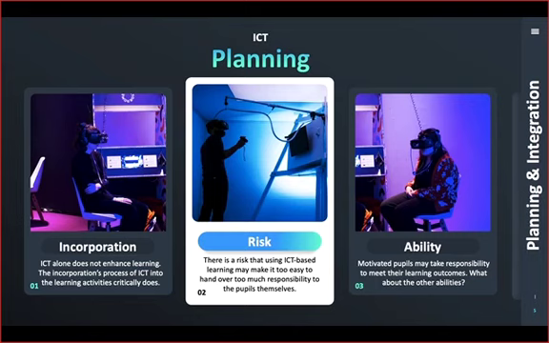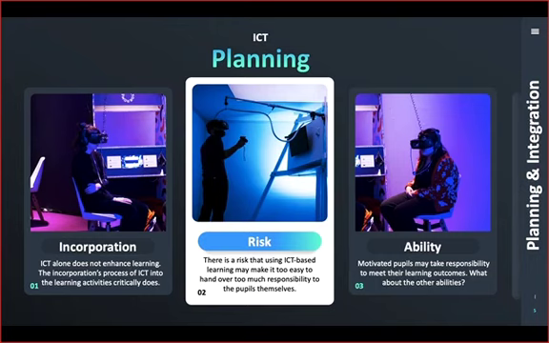Thank you, Sliman, for your additional point. I also go back to the point of Rima, I guess, Rima or Saliha, I'm not sure. There is all the time a risk that with an ICT-based learning approach, it may be too easy to hand over too much responsibility to the pupils themselves.